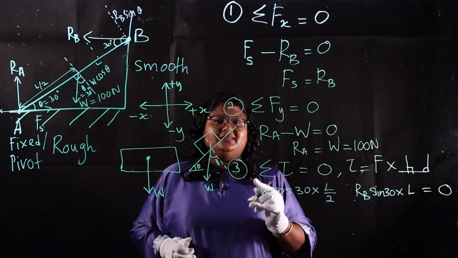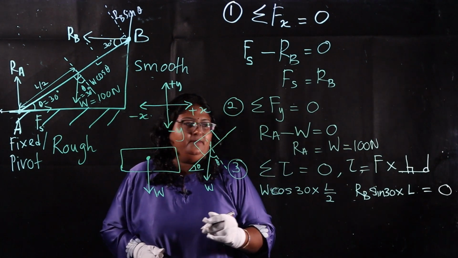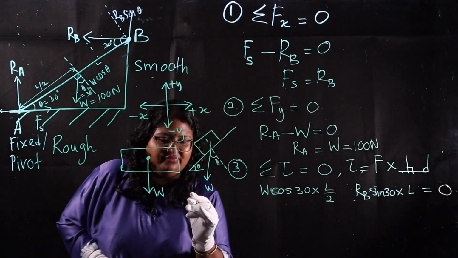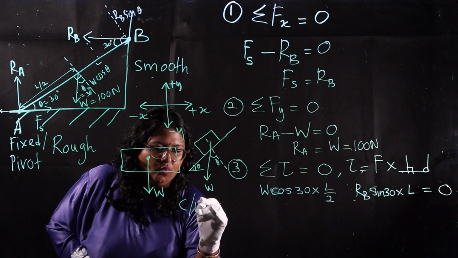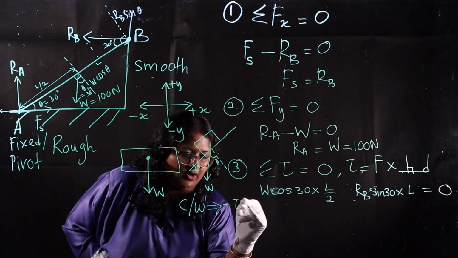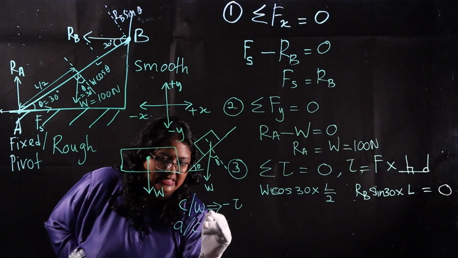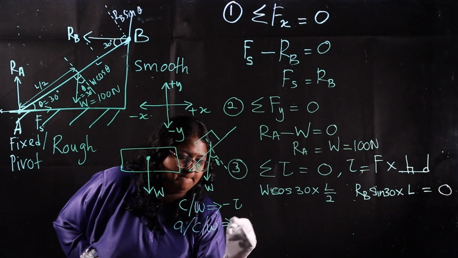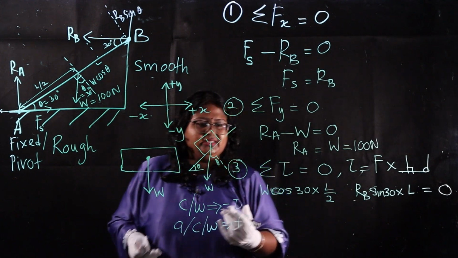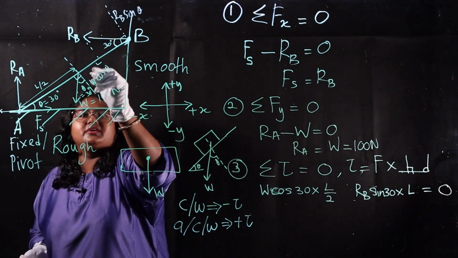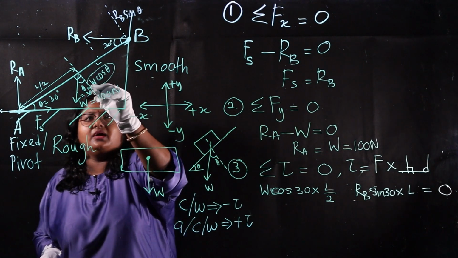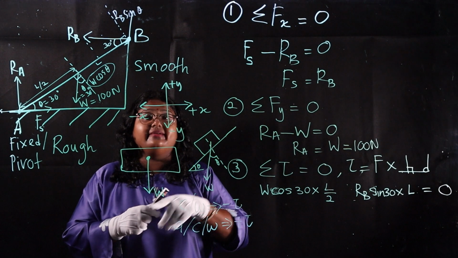There is a condition for that. Torque is also a vector, so if it is clockwise it will be negative torque, and if anti-clockwise it will be positive torque. So we see which is anti-clockwise or clockwise. This is the force W cos theta. We use the right hand grip rule.